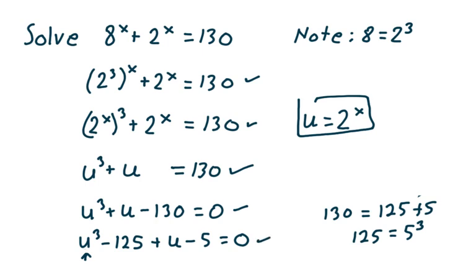We have u cubed minus 125 plus u minus 5 equals 0. And so I'm going to take the first two terms and factor it using the difference of cubes formula. That's the idea of why I broke 130 apart in this way.